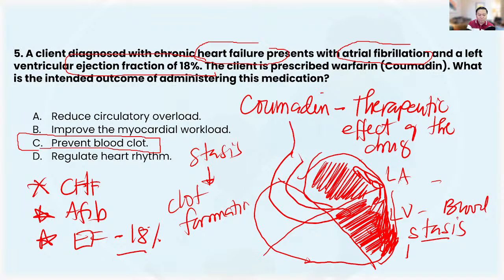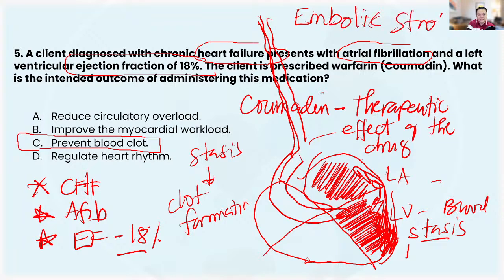And if the patient, unfortunately, throws that clot into the brain, what do you think can happen to the patient? They're going to develop embolic stroke. You don't want this, guys. Embolic type of stroke. That clot has migrated from the left ventricle into the cerebral circulation.